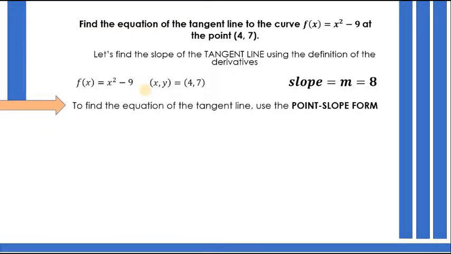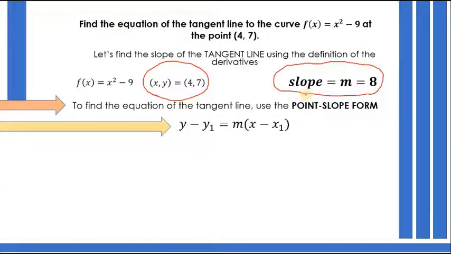So, to find the equation of a tangent line, you have to use the point-slope form. Why the point-slope form? Because we have a point of tangency here, and we already solved the slope over here. The point-slope form is y minus y sub 1 equals m, for the slope, multiplied with x minus x sub 1.